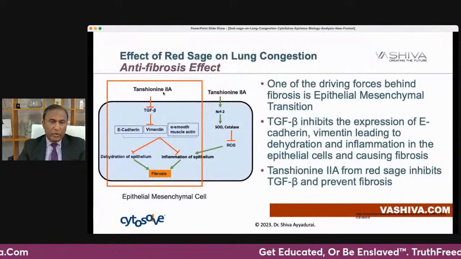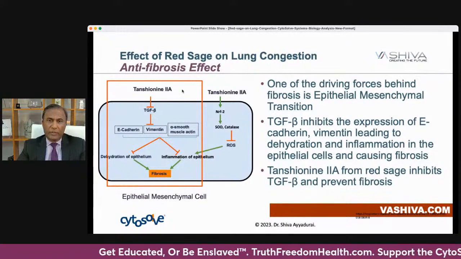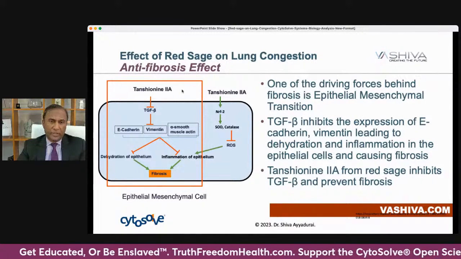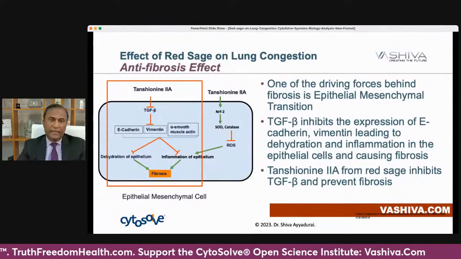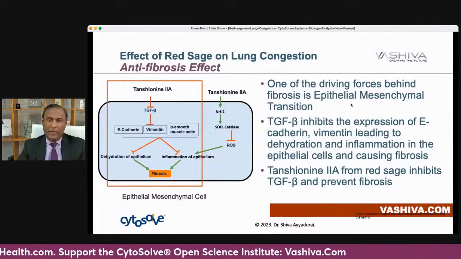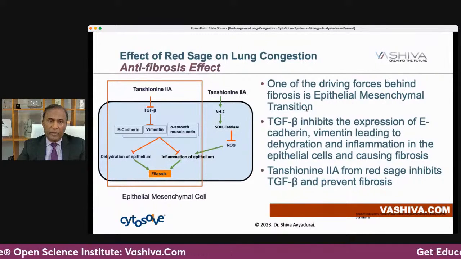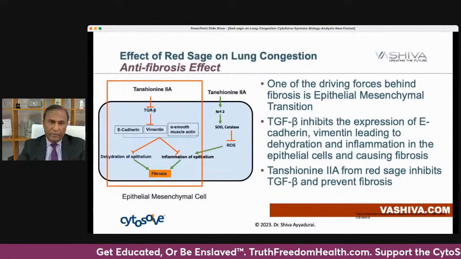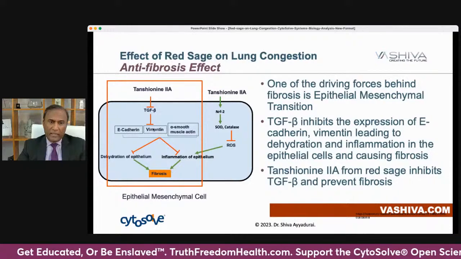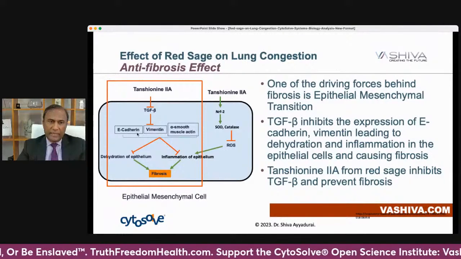So tanshinone IIA is one of the compounds in red sage. And look what it does. One of the driving forces behind fibrosis, which is where you have the scarring, so red sage has an anti-fibrosis effect, is epithelial mesenchymal transition, okay? So when you have TGF-beta, which is one of these cytokines, that inhibits the expression of E-cadherin. So if you have TGF-beta, when you have lung congestion, that blocks the expression of E-cadherin, okay?